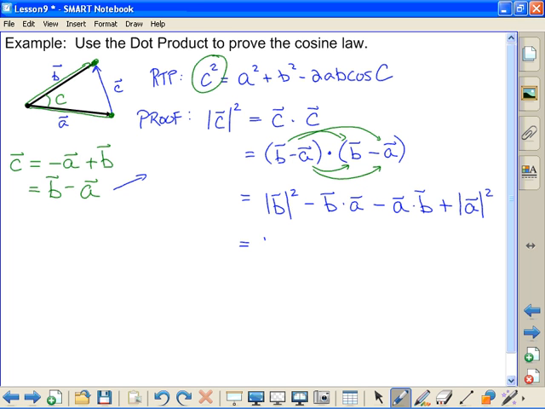So cleaning that up, magnitude of a squared plus magnitude of b squared. Remember, we talked about dot product. Order does not matter. So b dot a and a dot b are actually like terms. So we're doing some subtraction. So 2 multiplied by a dot b.